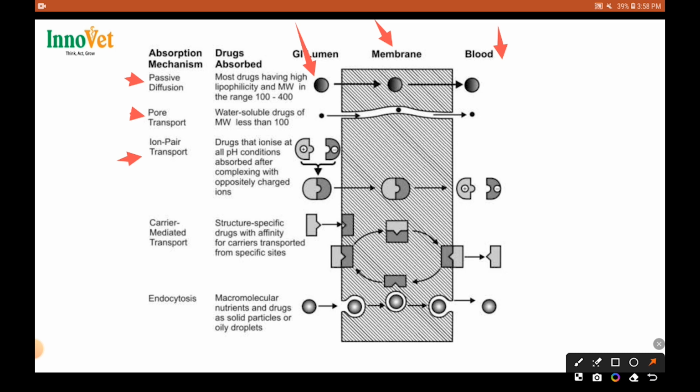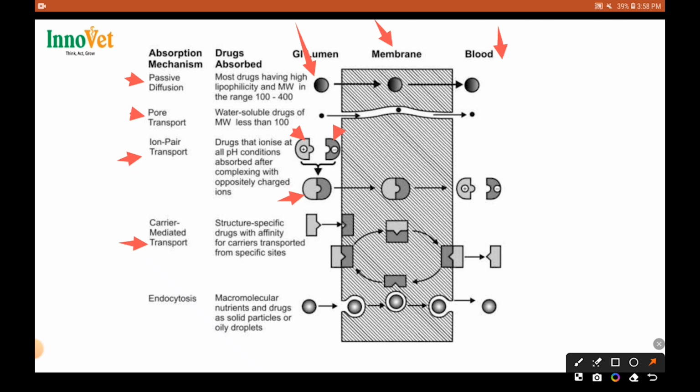Such drugs require another ion of the opposite charge in order to make them inert or lose the charge. You can see these are our two pairs of ions. One can be the actual drug that is going to be transported, then the other is the molecule that the drug can bind to in order for it to lose the charge and therefore be able to be transported across the membrane. So that is called the ion pair transport.